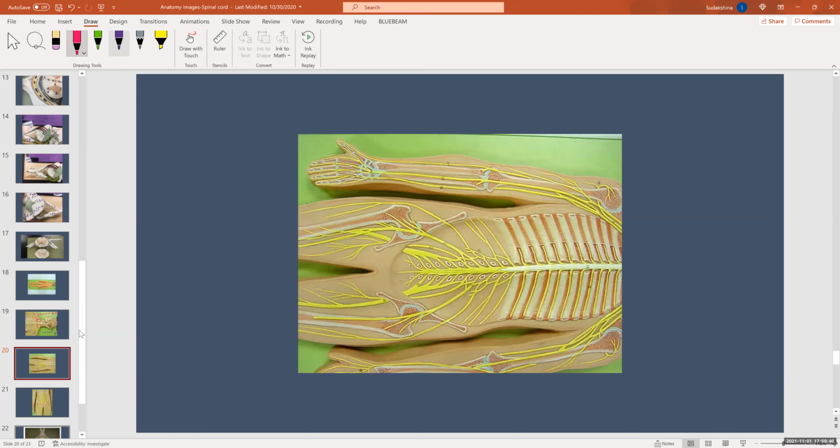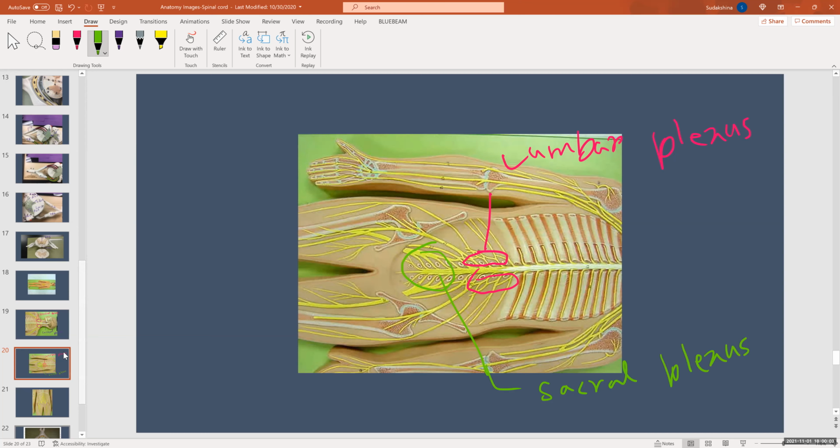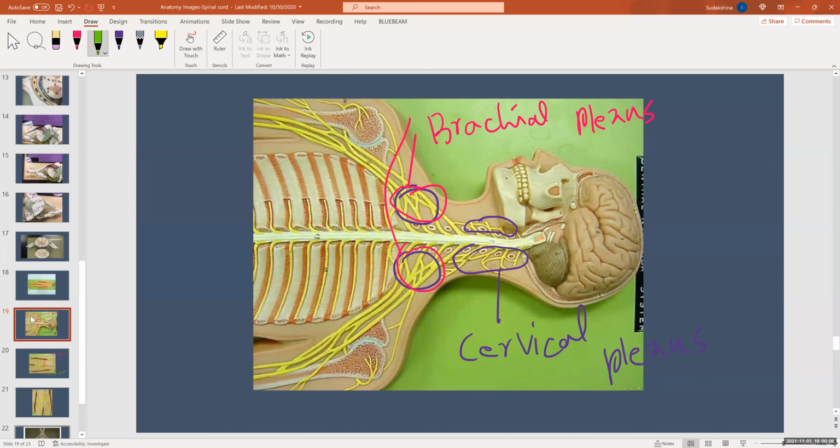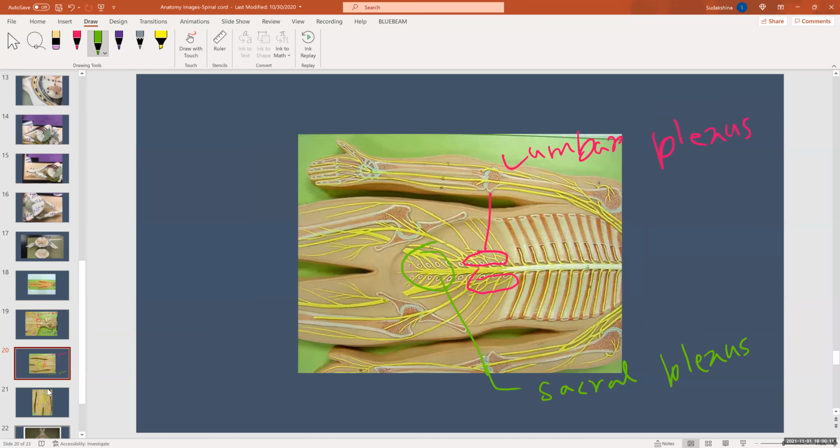Do we have a lumbar and sacral plexus? Of course. Right there. This is lumbar plexus. And here, sacral plexus. So brachial plexus, cervical plexus, lumbar plexus, sacral plexus, groups of nerves together.